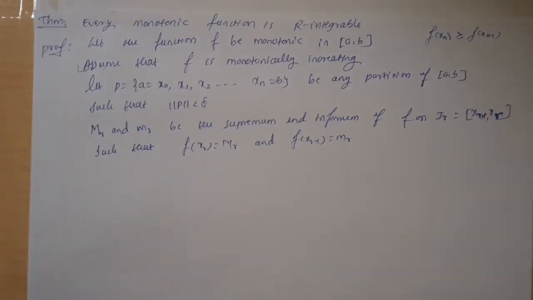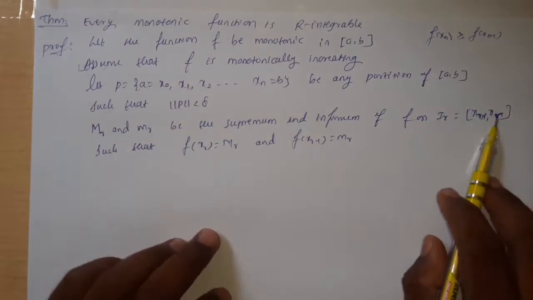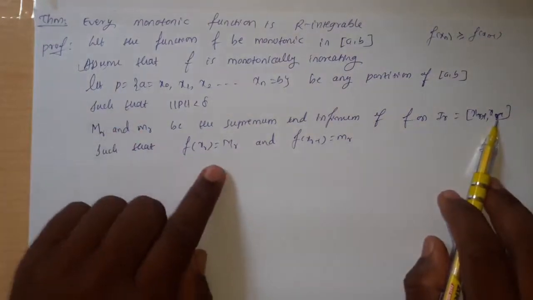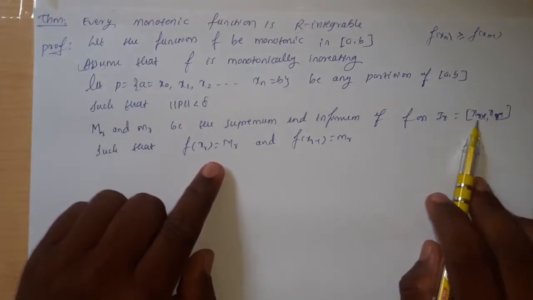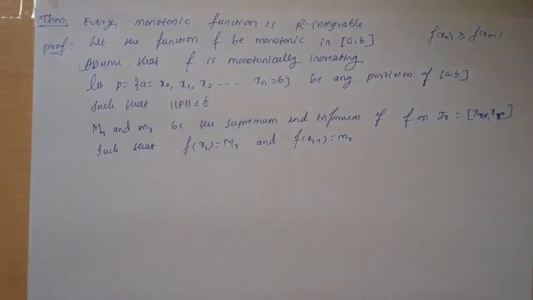So for the upper bound the value of the function equals the supremum of f, and for the lower bound xr-1 the value of the function equals the infimum of f.